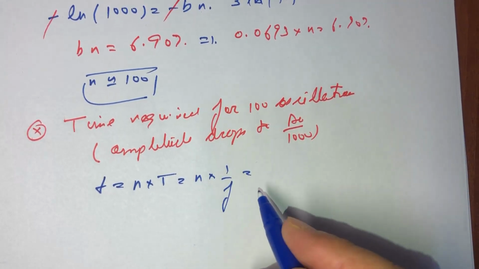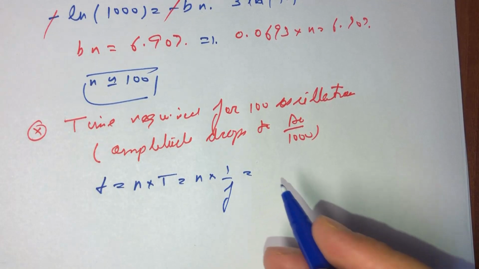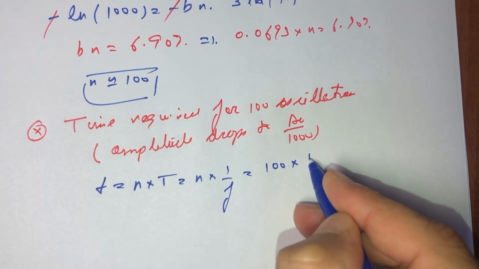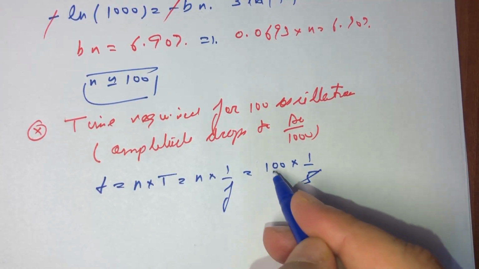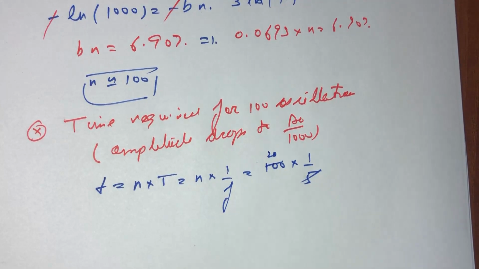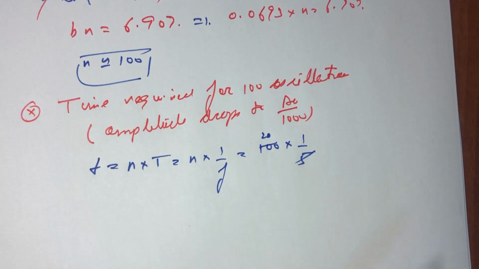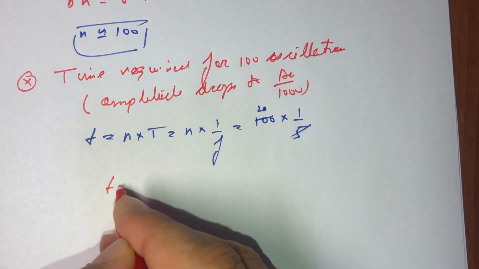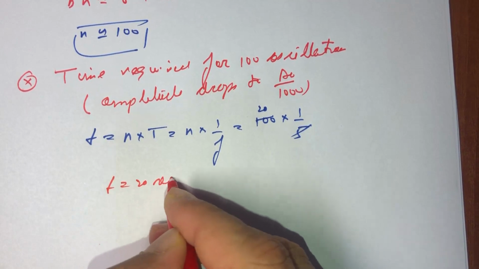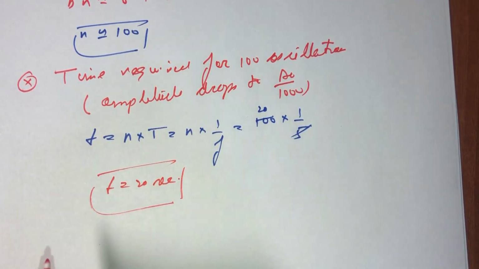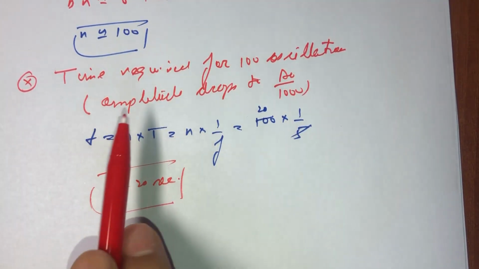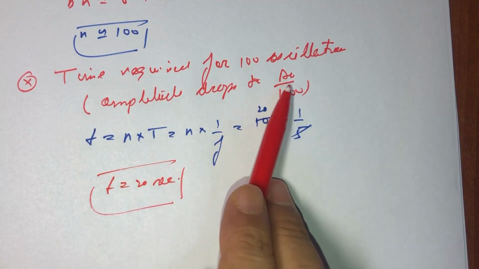The frequency given to us is 5 oscillations per second, and we found n is 100. So this becomes 100 over 5, which is 20. Therefore we can say that t will be equal to 20 seconds. So this is the time for 100 oscillations, or when the amplitude drops to A naught by 1000.